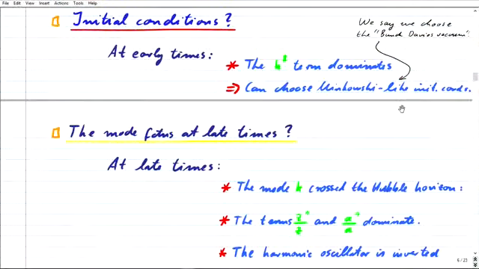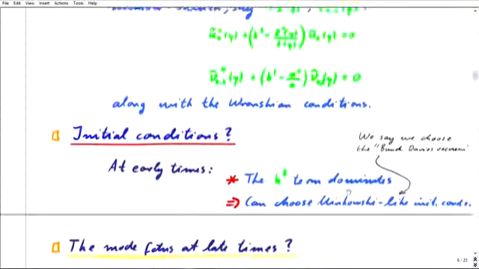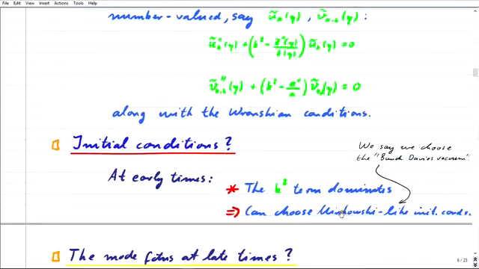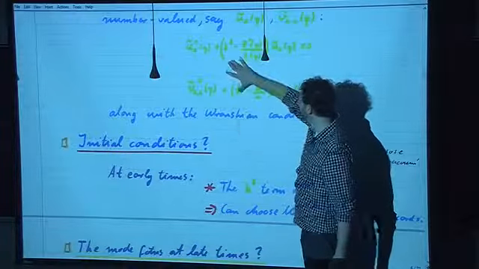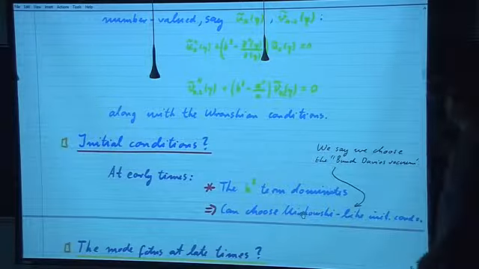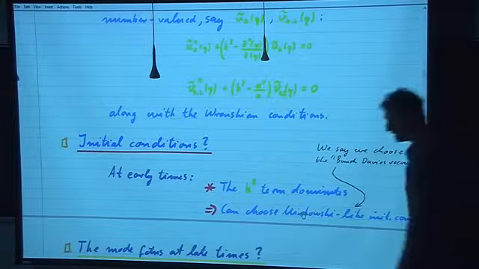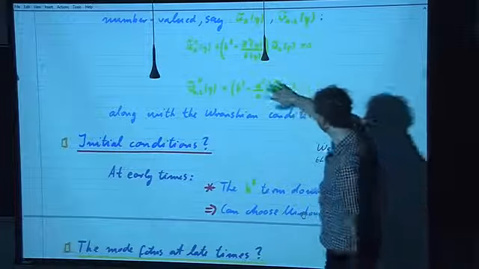for those mode equations. Well, let's look at what these equations of motion look like at early times. We will be interested in the extreme regimes, very early time, and the very late time after the mode crosses the horizon. At early time, we have that the k-squared term is dominant. And at late time, we have that this term is dominant.